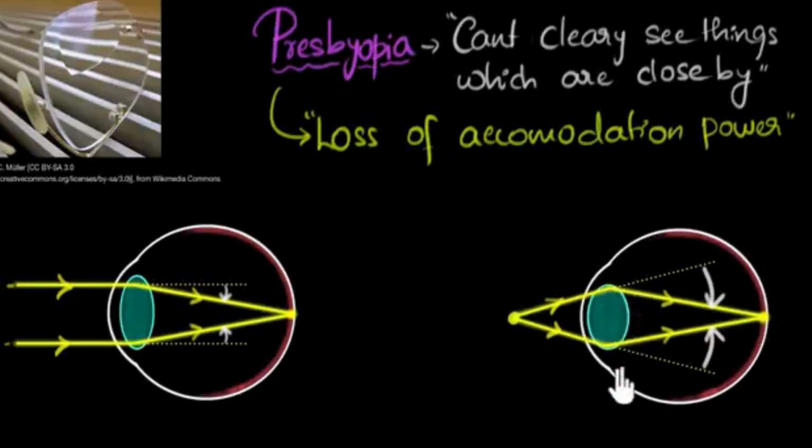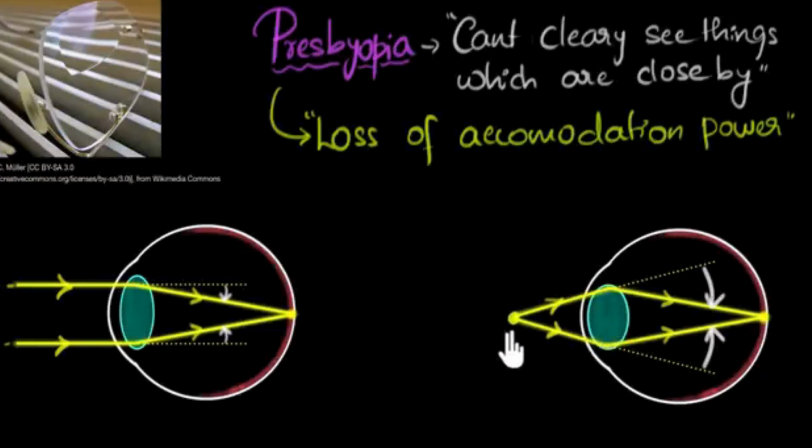Now the lens will not bulge, it's hard to push it, and as a result, the optical power will not increase. And as a result, the rays of light will not bend enough, and so they will not focus on the retina. And that's why, due to this, we will not be able to see things which are close by. So the cause for presbyopia is the loss of accommodation power.